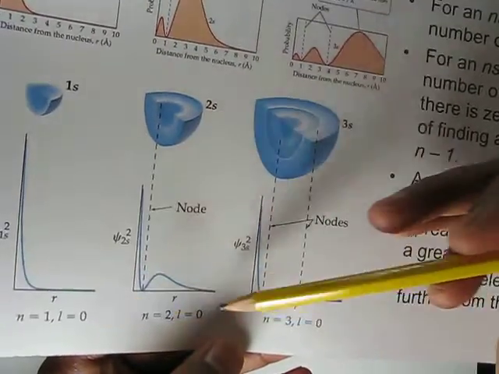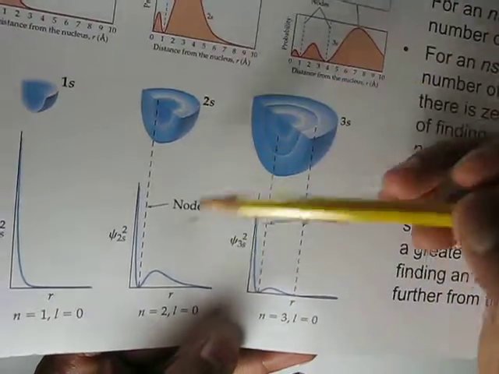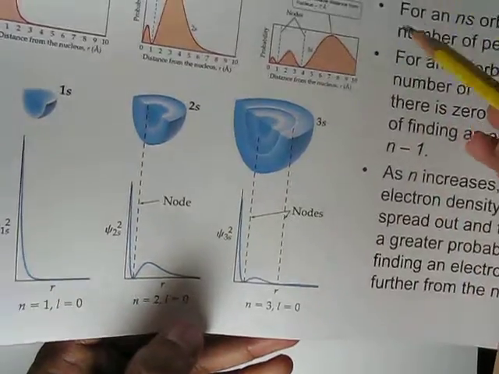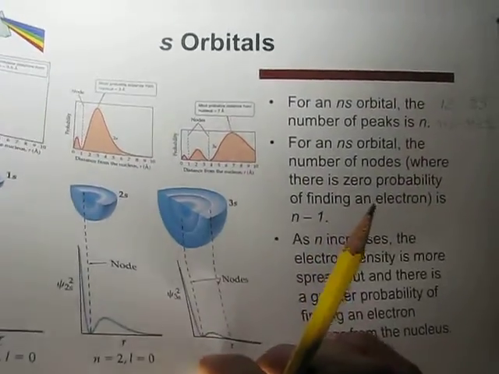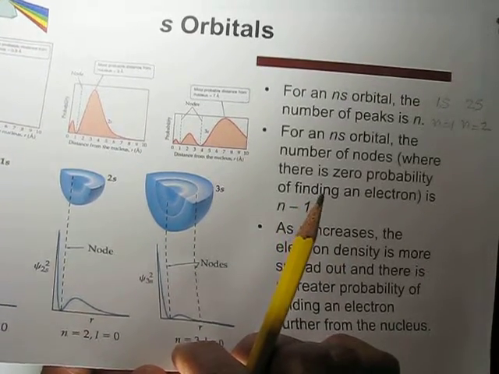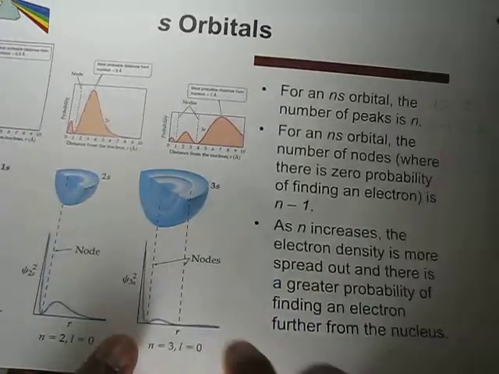So l is 0 always for s orbital, and 2 and 3 are for different energy levels. We will see as we try to calculate the quantum numbers for every element.